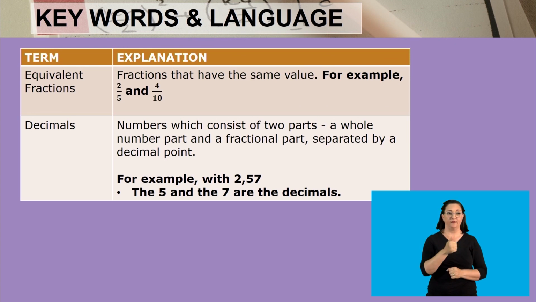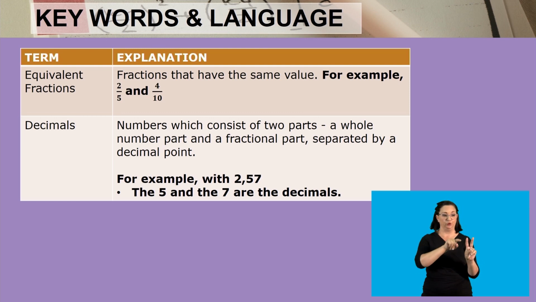And then we have decimals. Those are numbers which consist of 2 parts, a whole number part and a fractional part. They are separated by a decimal point. So for example, with 2,57, the 5 and the 7 are the decimals.